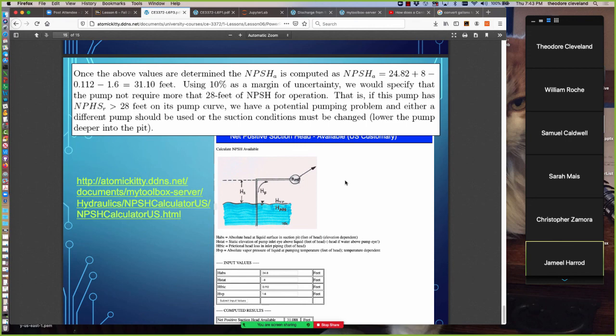So if we have a pump that requires more than 28 feet of head to operate, we would identify that as a potential pumping problem and either select a different pump or modify the suction condition. Lower the pump deeper into the pit, for instance.